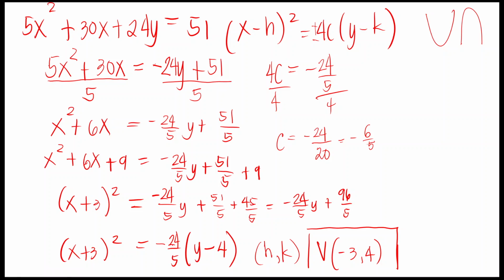In this case, we get that we have negative 24 all over 5. So our parabola will open downward. So instead of using positive 4c, we actually use negative 4c. Okay?